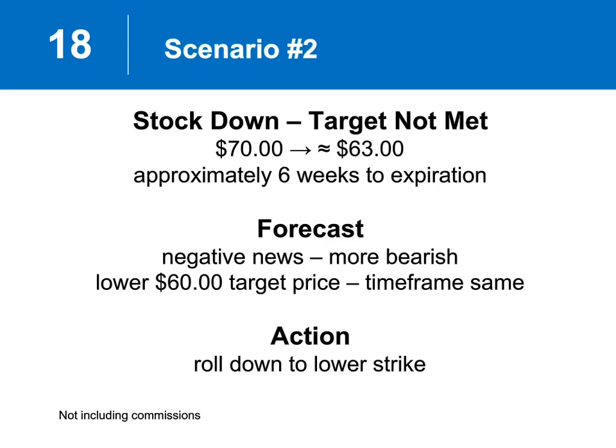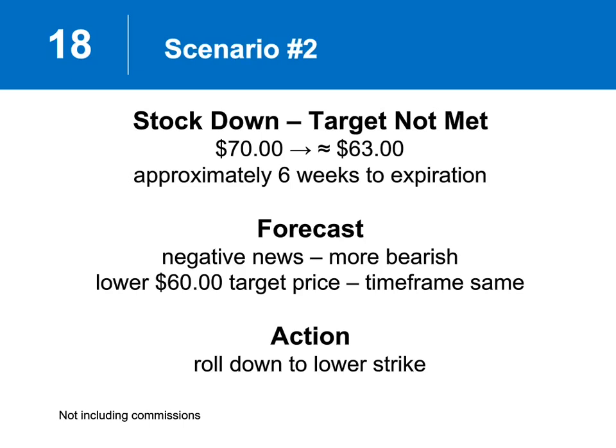So here in scenario number 2, some negative news has come out on what we already view as a bearish underlying. So now we're more bearish, and we lower our $60 target price. We think the stock's going to head further south beyond 60, and we think this is still going to happen within the same time frame, within the next 6 weeks.